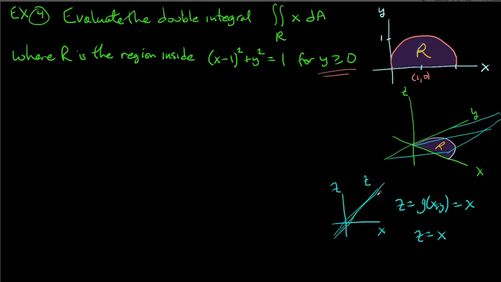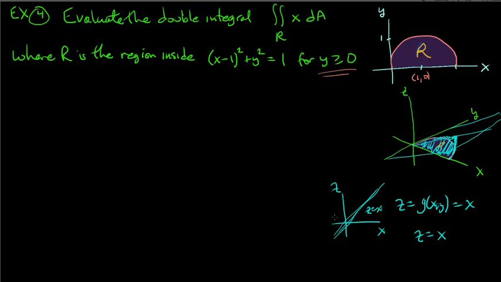So it's going to be essentially the volume underneath the plane, but above the region R. So what happens is you get this volume in here. I know that's kind of a mess, but maybe I probably drew it wrong here.